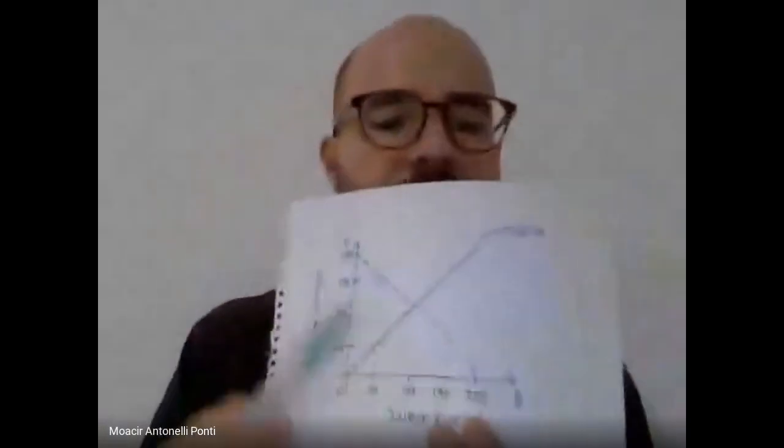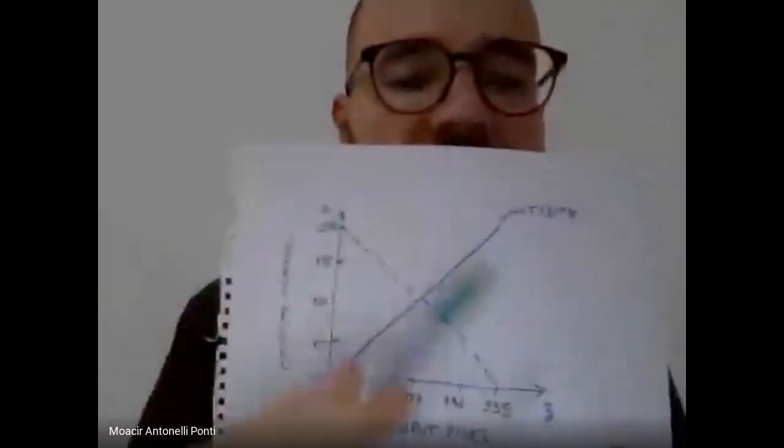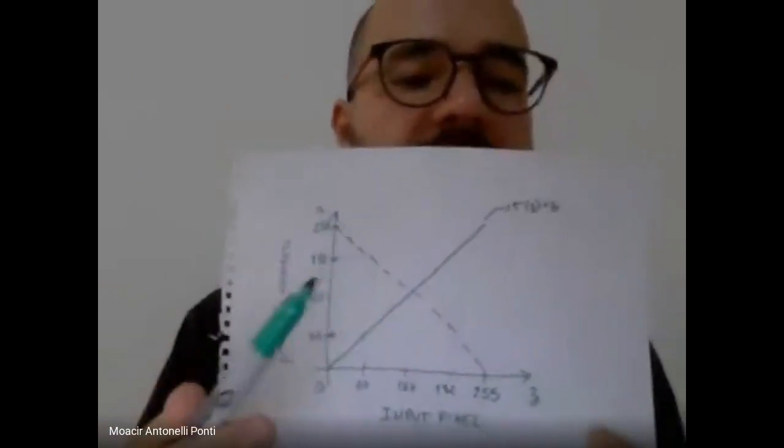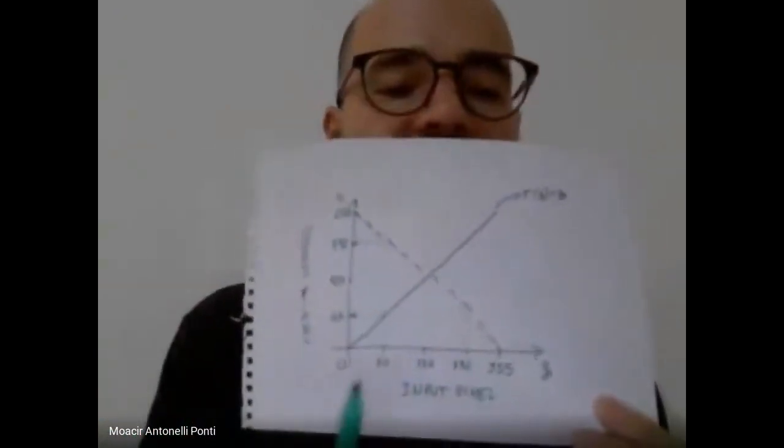This kind of plot shows how the function behaves. I can design different types of functions, remembering that lower values are associated with darker shades of gray, while higher values closer to 255 are associated with brighter values.